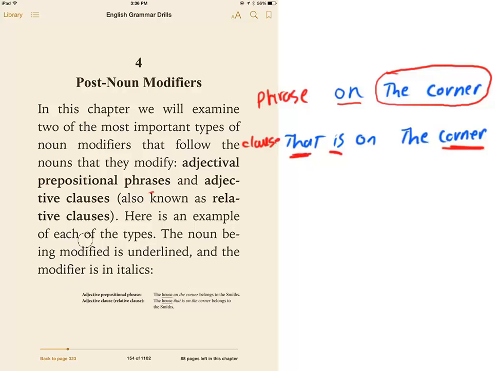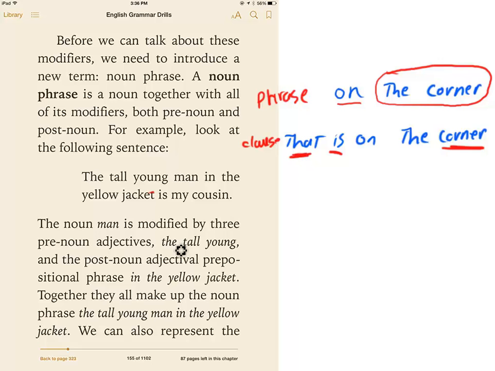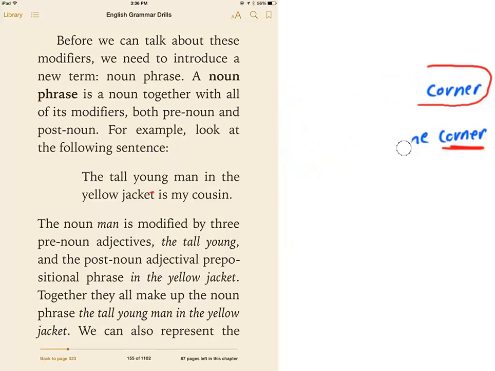But let's take a look at a couple more examples and see what they have. It says before we can talk about these modifiers, we need to introduce a new term, which is called a noun phrase. I think we might have touched on this already, but basically a noun phrase is the noun together with all its modifiers. And we're going to talk about that here in a second. Down here, they give a sentence, and it says, the tall young man in the yellow jacket is my cousin.